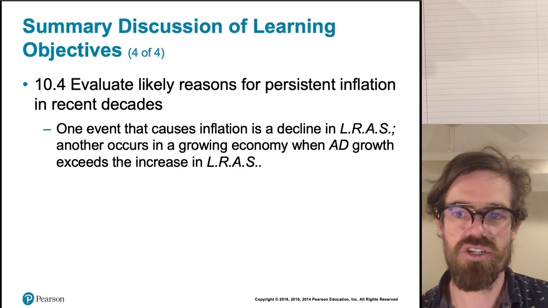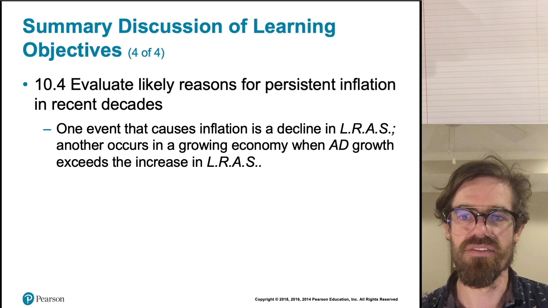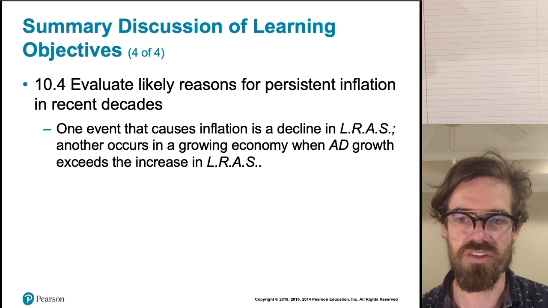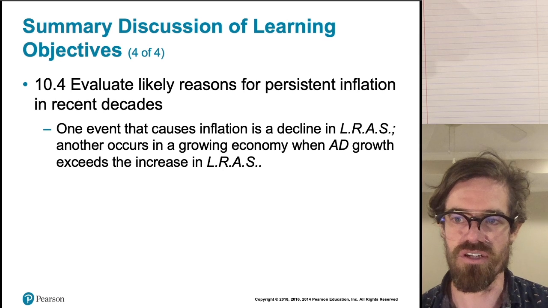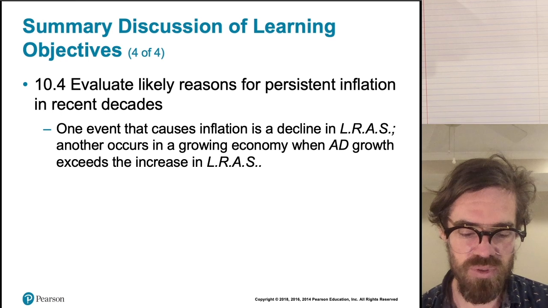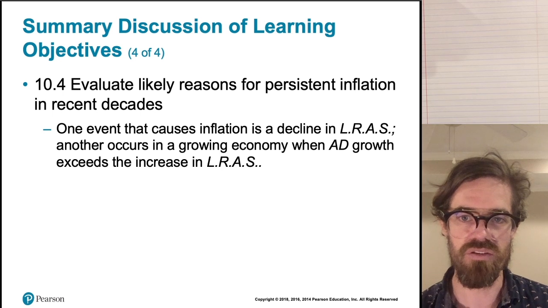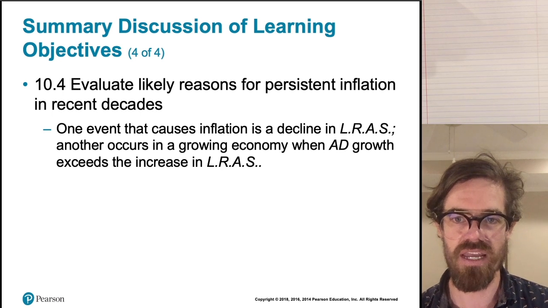And then we wrapped up the chapter by looking at what are the probable reasons for persistent inflation that we've seen over the last 50 or 60 years or so. And we basically came to the conclusion that for the most part, it must be demand side inflation, right? Because we see economic growth, so we know that for the most part, long run aggregate supply is shifting to the right.